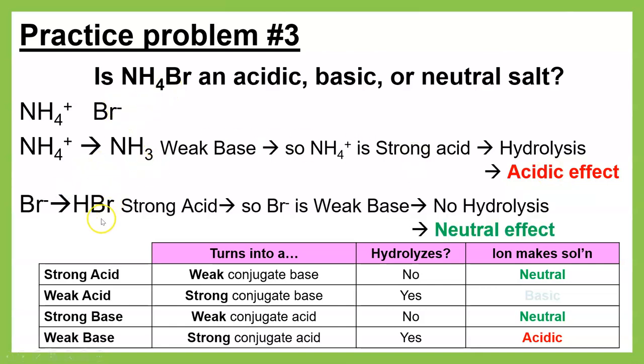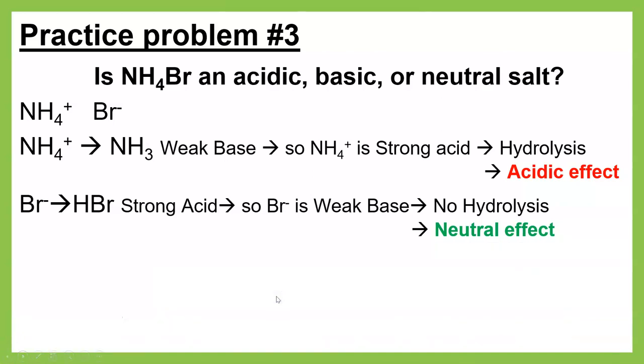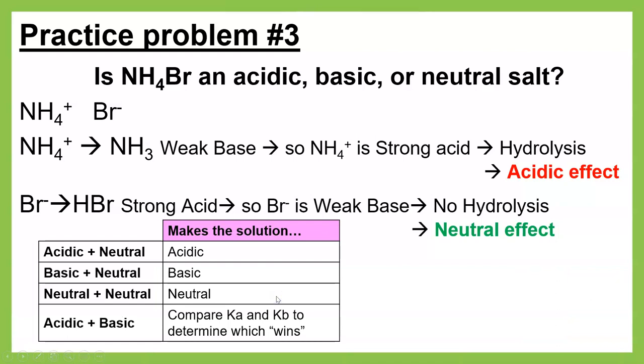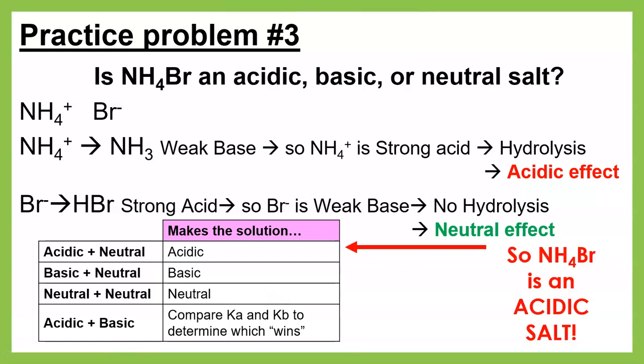Bromide came from hydrobromic acid, strong, so the ion is weak, so no hydrolysis, so it's neutral. So now if we have something that's acidic and something that's neutral, turns out that that salt would end up being an acidic salt.